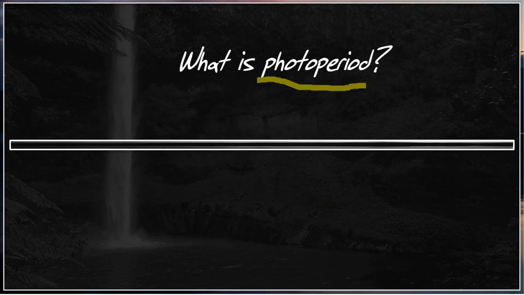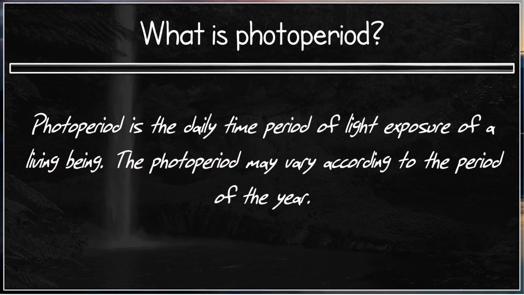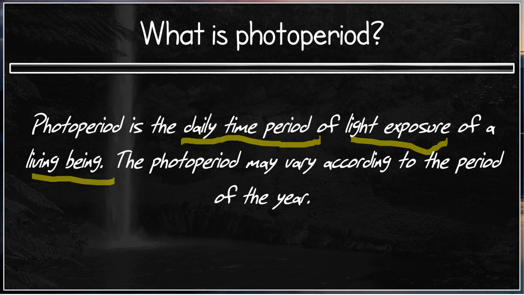What is photoperiod? Photoperiod is the daily time period of light exposure of a living being. Photoperiod may vary according to the period of the year.